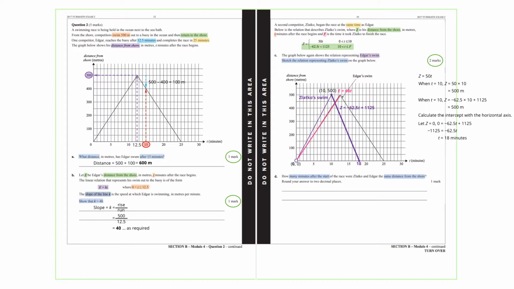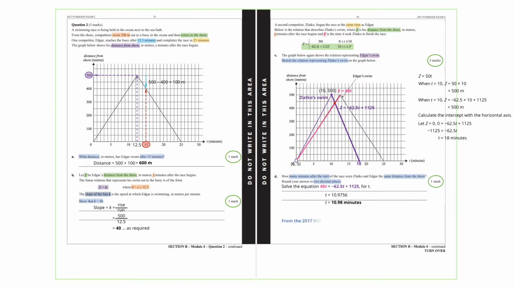To calculate the coordinates of this point of intersection, we solve the equation 40t equals negative 62.5t plus 1125. So t equals 10.98 minutes. This question is worth 1 mark for the correct answer.